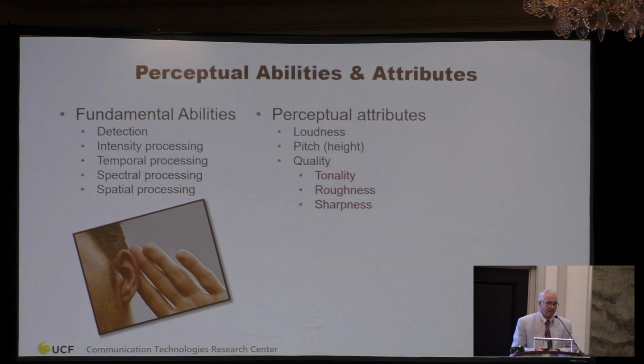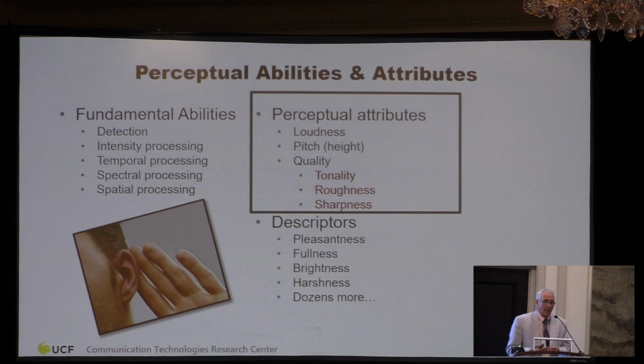So these fundamental abilities lead to some perceptual attributes. And the ones that are most commonly referred to are loudness, pitch, and sound quality. And of sound quality, 3 that are key elements, and the most prominent elements are tonality, roughness, and sharpness. We have a lot of different descriptors of sound quality.